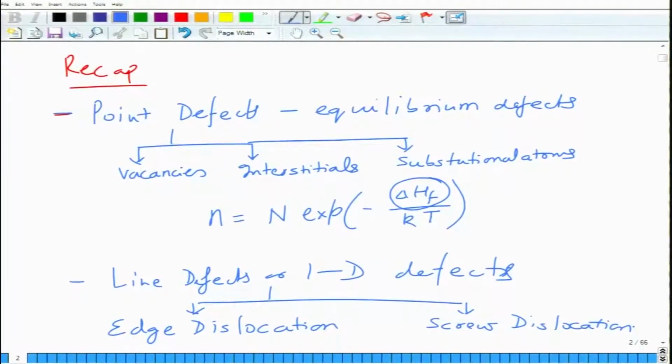Essentially an edge dislocation was an extra plane of atoms which has been put in an otherwise perfect lattice. This extra plane of atoms is useful in the sense that it allows the materials to deform. It also creates its own stress fields. There is a tensile and a compressive stress field in the 2 parts of the lattice, and this dislocation can be characterized by its own Burgers vector.